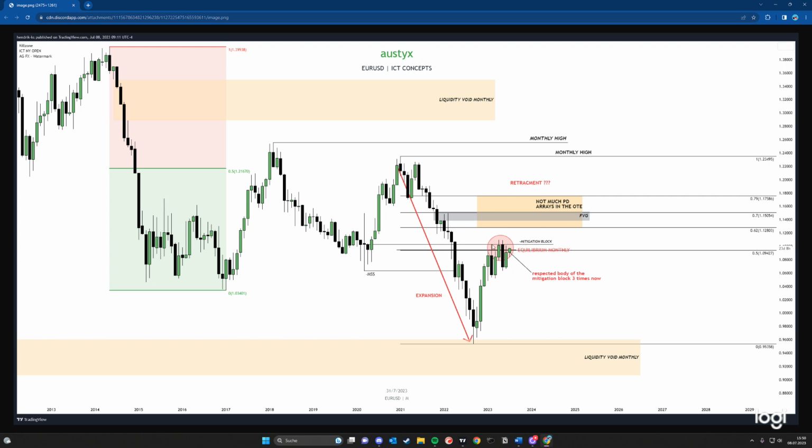We have the mitigation block here, which I want to see respected. We also got the respect three times in a row, three months basically, but we haven't broken down to any major structure. And usually when we see an order block or mitigation block tapped, you want to see an immediate reaction to have the institutional sponsorship on your side.